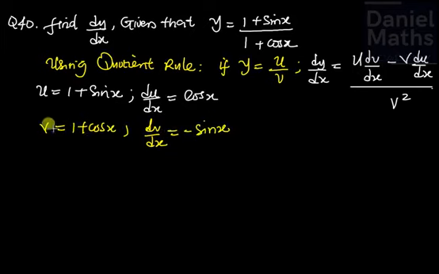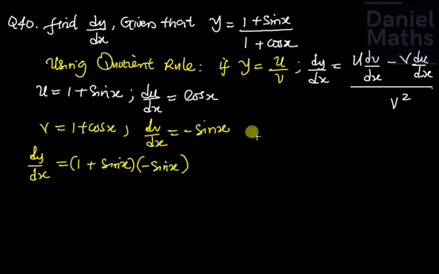So dy over dx is equal to, we plug into the formula here. My u is 1 plus sine x, so 1 plus sine x, times dv dx, which is minus sine x.